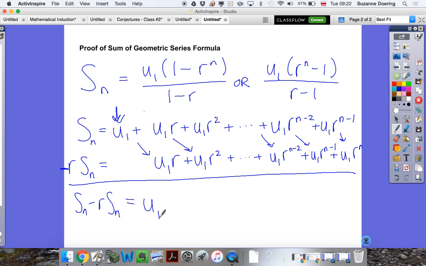But then notice u1 times r is going to cancel with the other u1 times r. Same thing's going to happen here, and here, and here. So we're going to cancel, cancel, cancel, all the way to the last term, because there was no r to the n term up top. So we've got 0, 0, 0, 0, 0, and then we've got minus u1 r to the n.